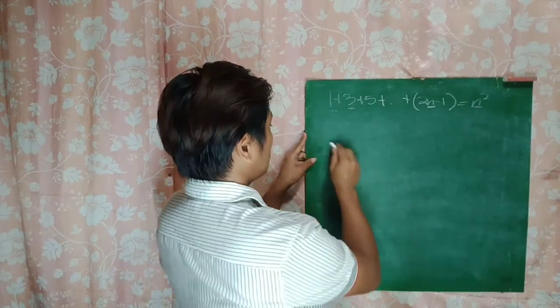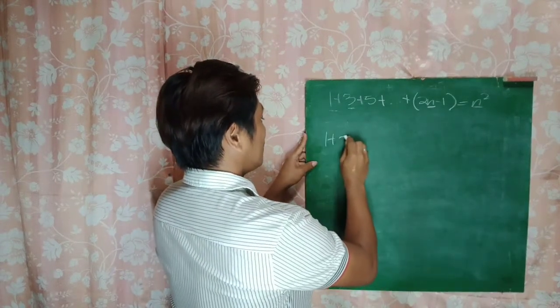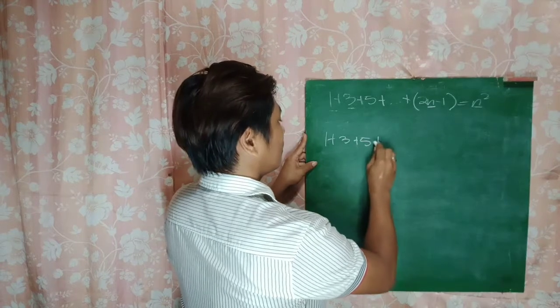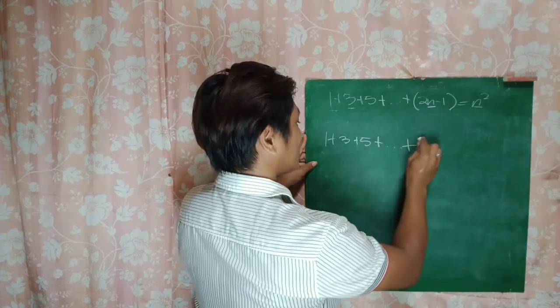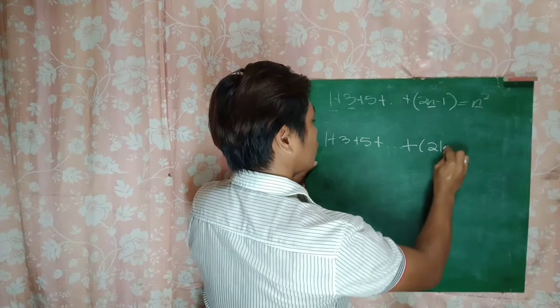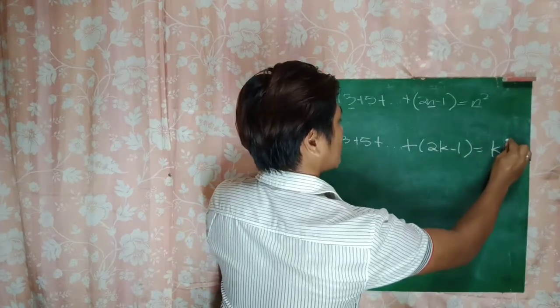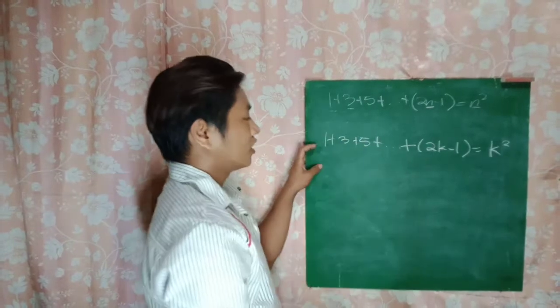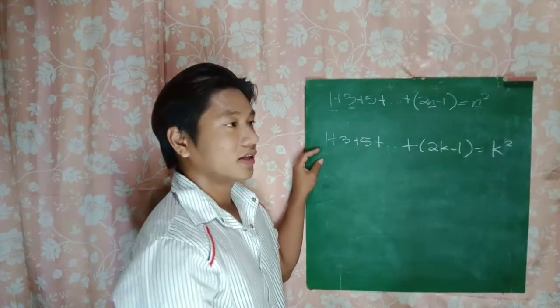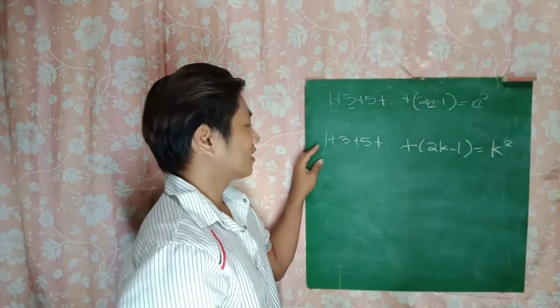So the equation will look like this: 1 plus 3 plus 5 plus ... plus 2k minus 1 equals k squared. So the equation of assuming n equals k will look like this.